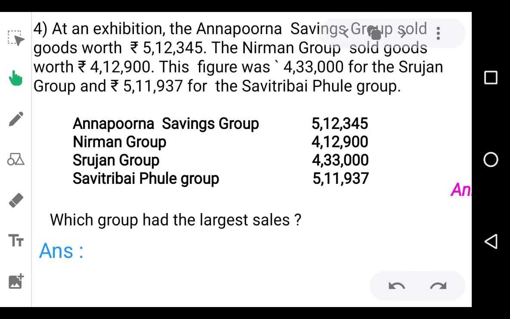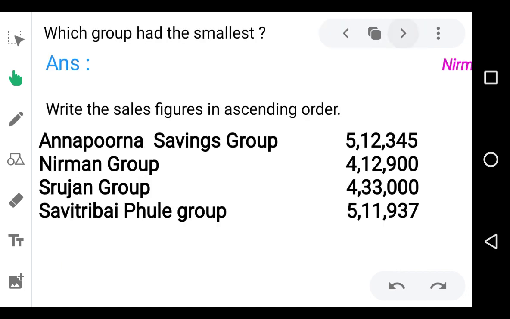For finding which group had the smallest sale, again you have to compare these figures and find which figure is smaller. Then the third question is write the sales figures in ascending order, and you know ascending order means from smallest to largest. So here you have to compare these figures and arrange them in ascending order. So you have to solve this question by yourself.